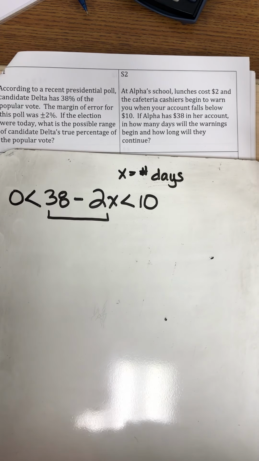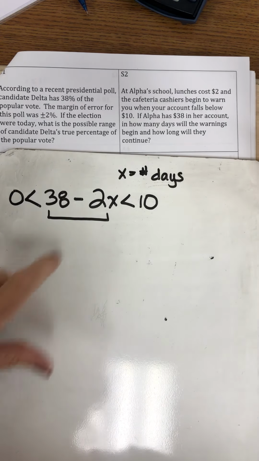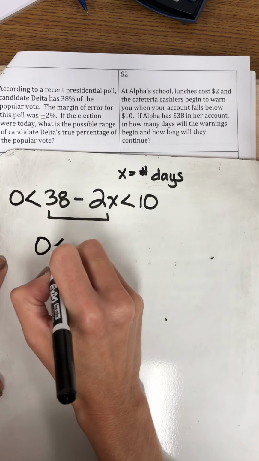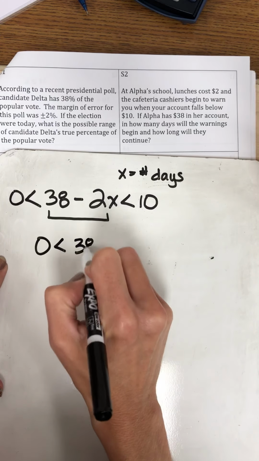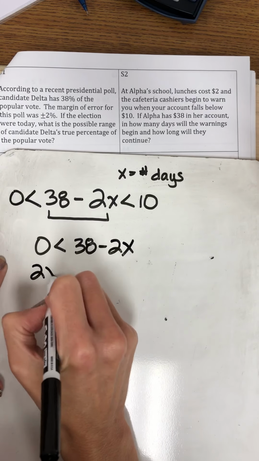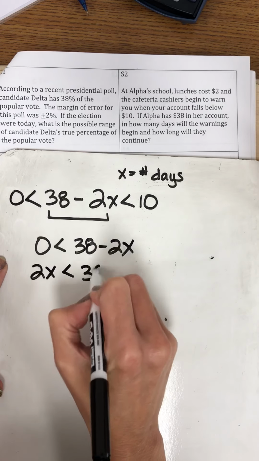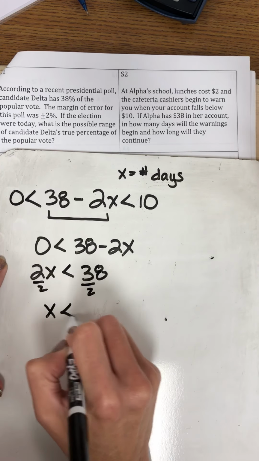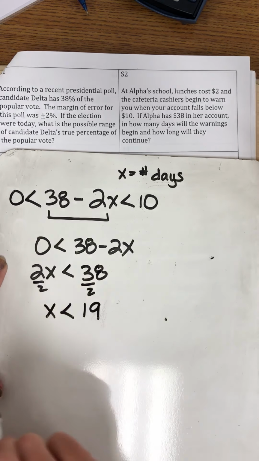Well, this is basically an AND problem. So I could break this up into this problem and this problem. So 0 is less than 38 minus 2x. 2x is less than 38. Divide by 2. X has to be less than 19.